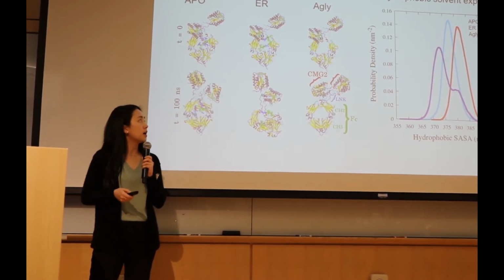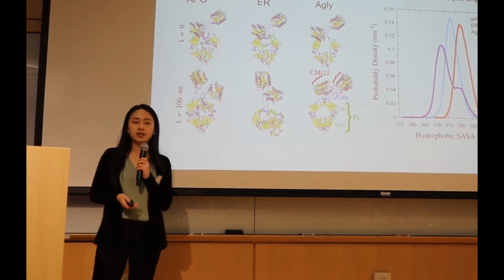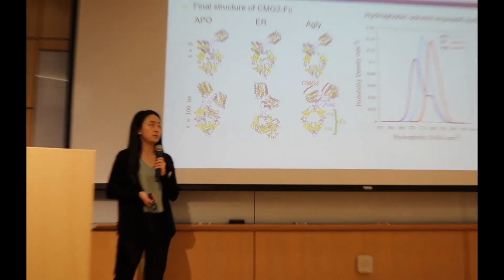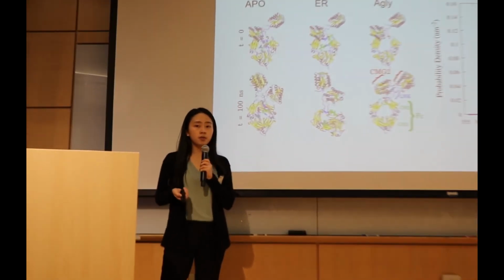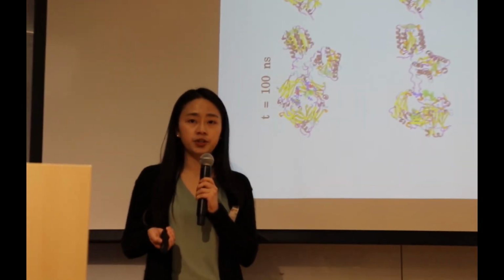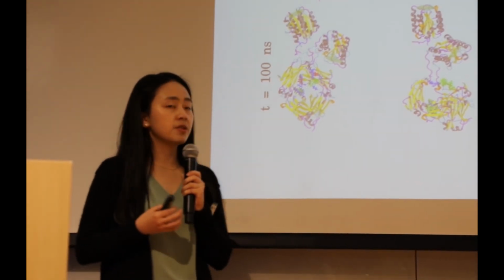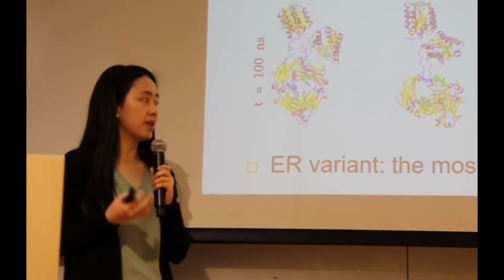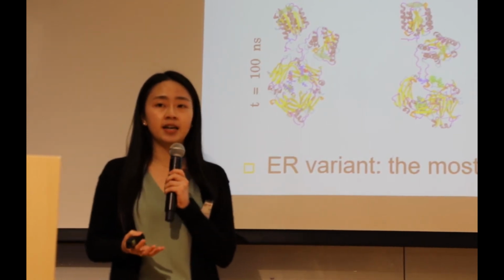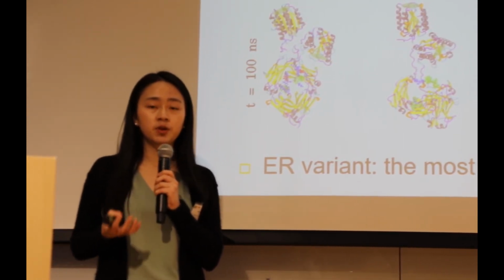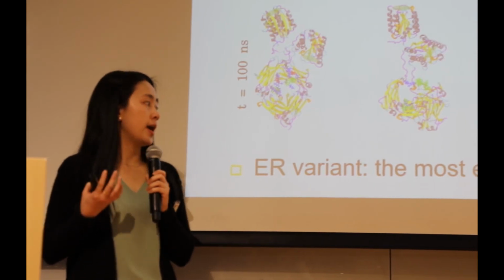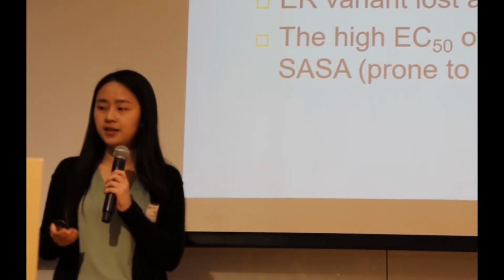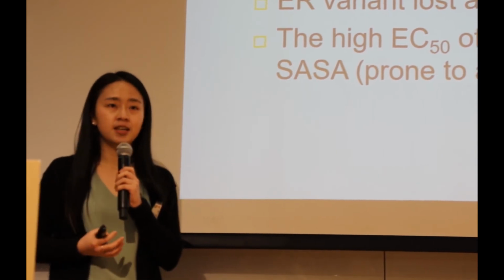This higher hydrophobic SASA for ER-retained variants is also consistent with our non-reducing SDS-PAGE, where you see additional bands above the full-length CMG2Fc, which most likely represent protein aggregates. So from the molecular dynamic simulation, we see that the ER-retained variants give the most extended structure and the highest hydrophobic SASA. And that goes to the end of my presentation.